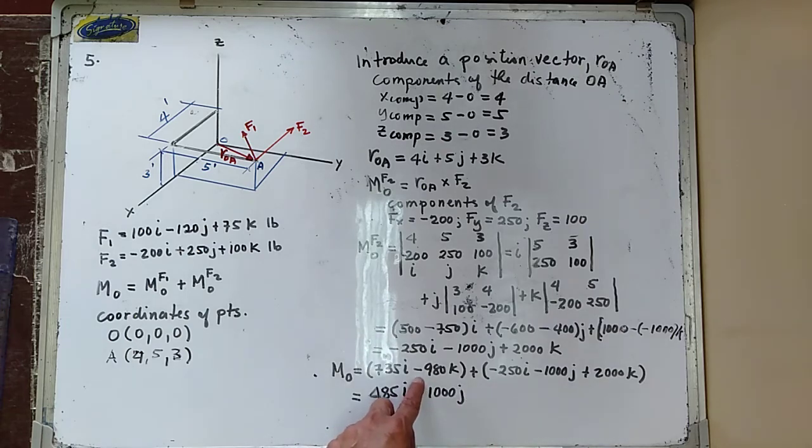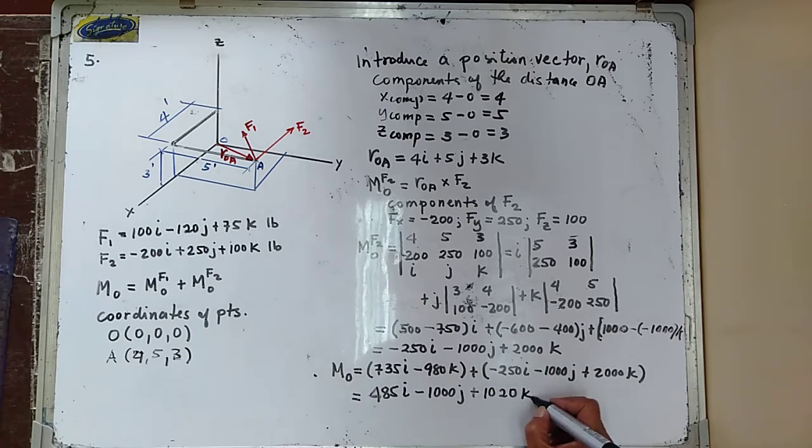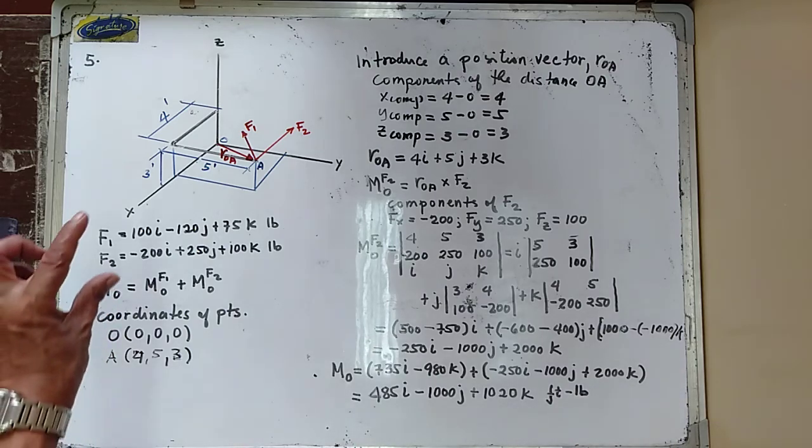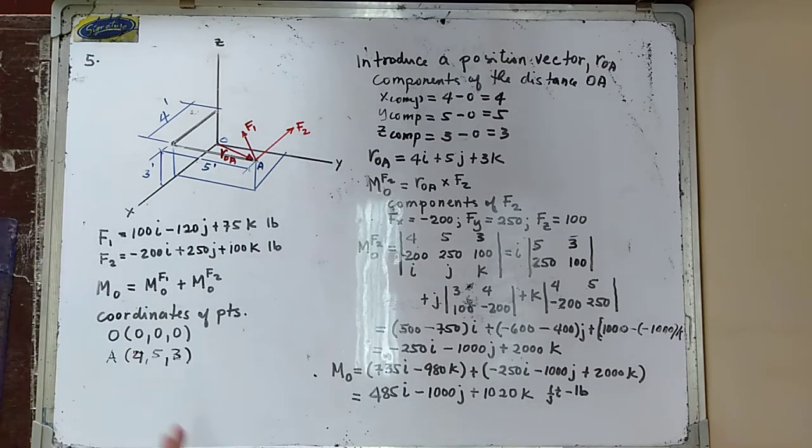Then minus 980k plus 2,000k is equal to 1020k. So this is in foot-pounds. The unit of the force is in pounds and the unit of the distances is in feet.